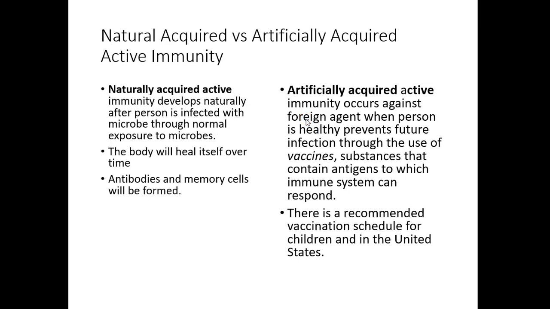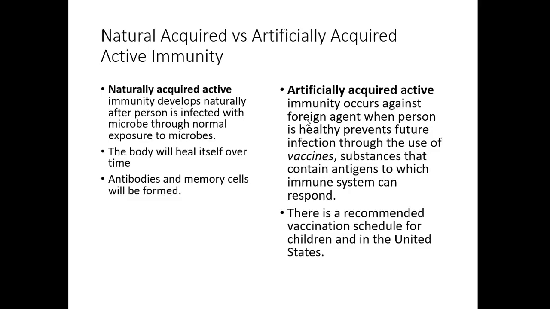If it's a naturally acquired active immunity, then that means that this is the normal process for which you become ill and sick and recover. So again, you're playing with your best friend as a child, and your friend is sick, and now you become sick because you have had a natural exposure to whatever was making your friend sick.